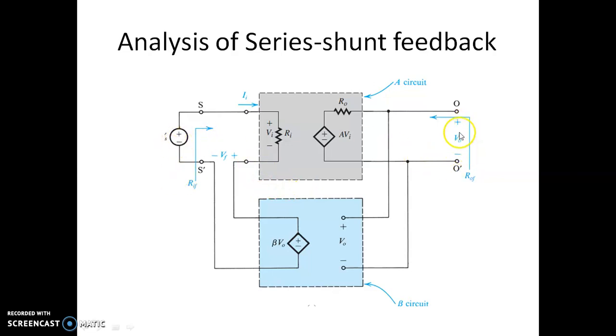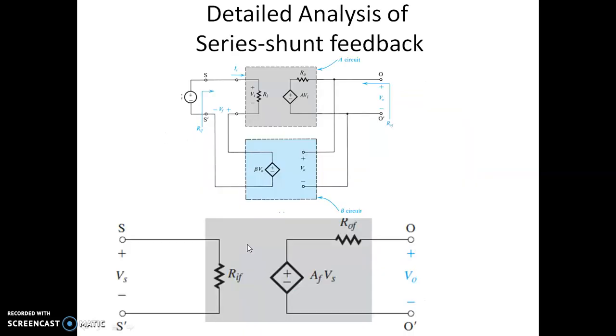The load is actually open circuit, and we have an ideal amplifier. Let us assume that Ri is very large and R0 is very small, and we have an ideal feedback network which is not loading the output, and you can see this is making it minus plus. So this is effectively doing negative feedback for this amplifier.